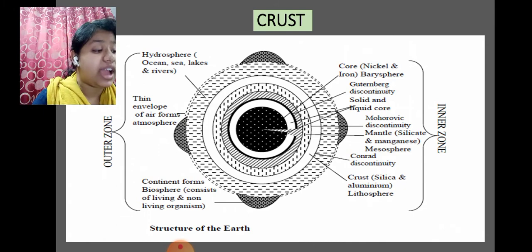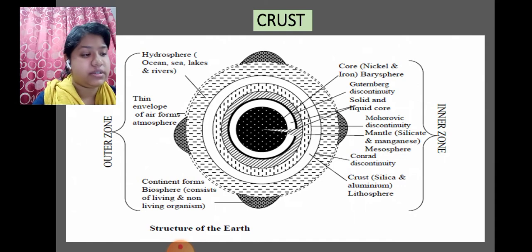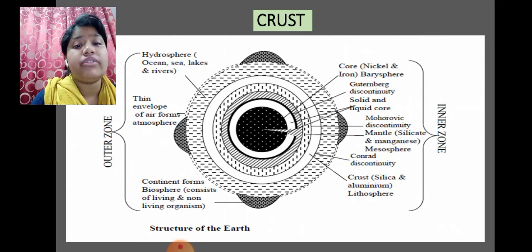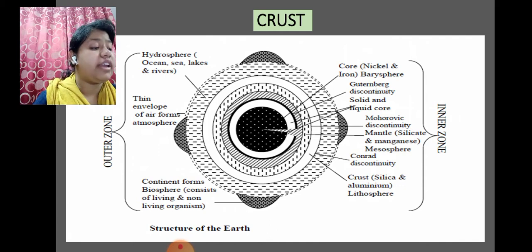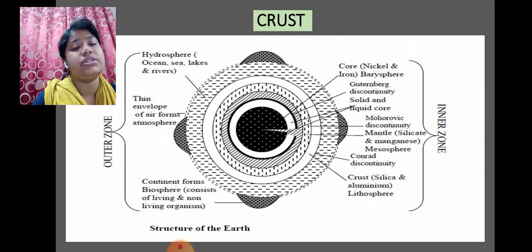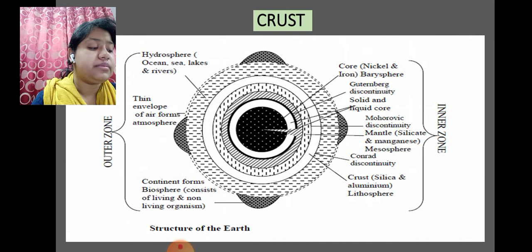There is no exact division between these two layers; the division varies depending on the location. The thickness of the crust in continents is 30 to 40 kilometers, and in the oceans it is 5 to 10 kilometers. The density of the crust is 2.7 to 3.0 grams per cubic centimeter.